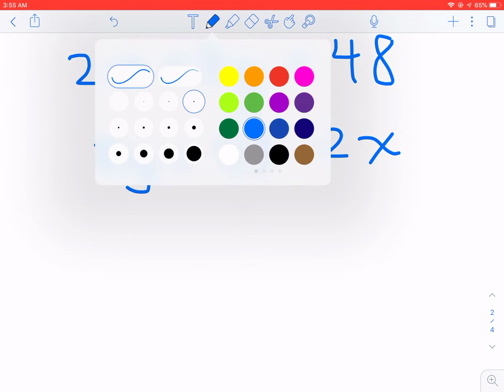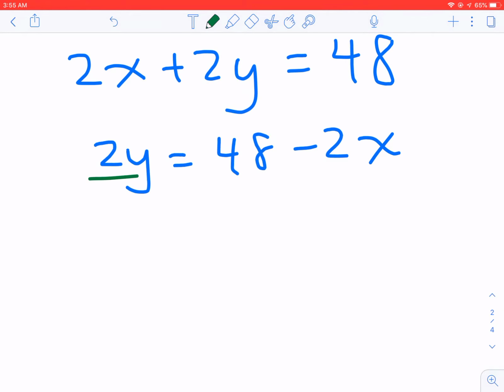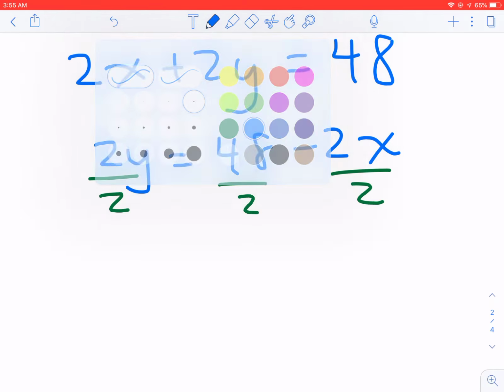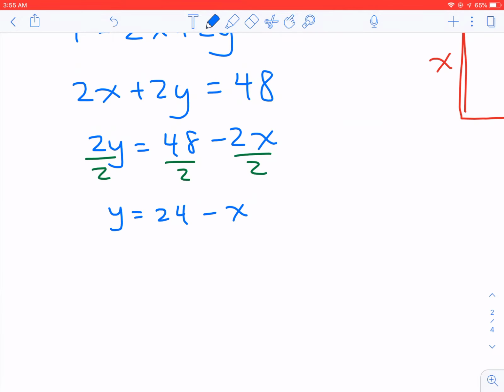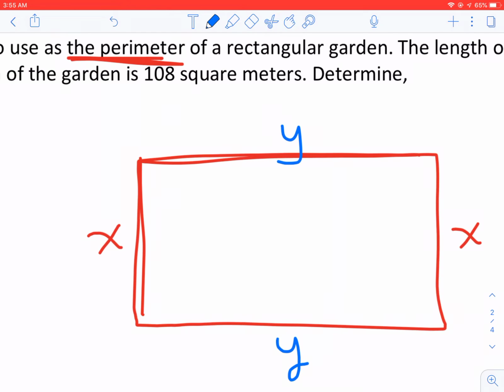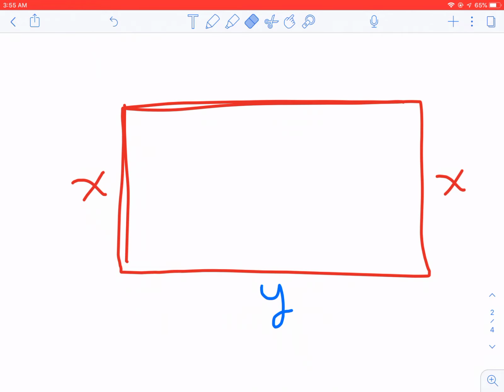Right? Now if I divide everything by 2, I'm going to get y is equal to 24 minus x. So that is what I'm going to replace this y with. 24 minus x. Well, let me write equals 24 minus x.